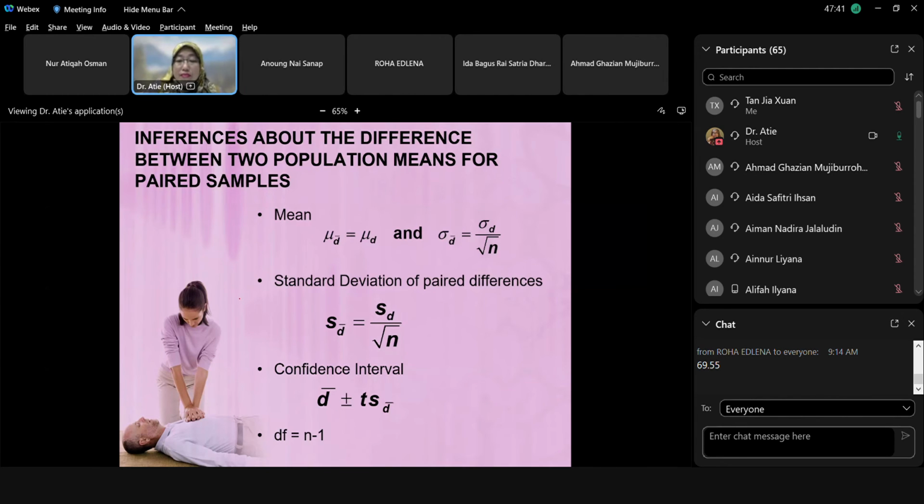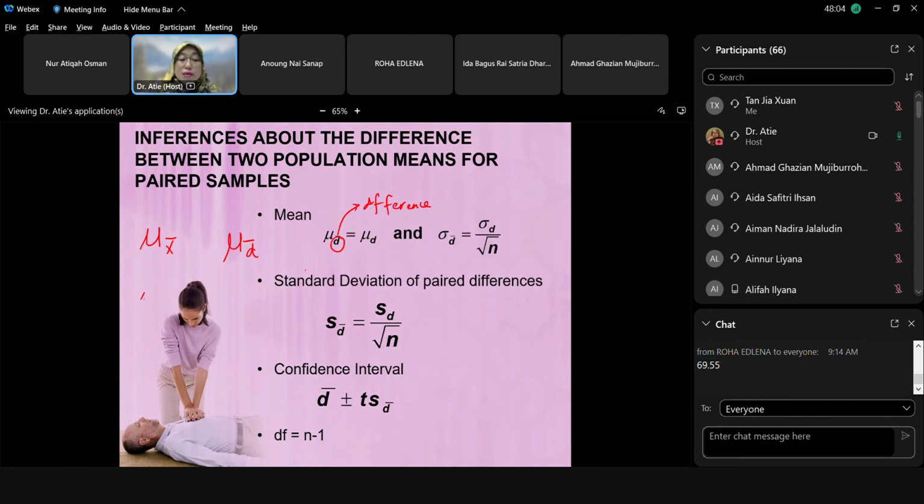So for the mean, before this we wrote x bar. Remember, but this time we use d bar. So d is actually the word difference. You need to understand that.